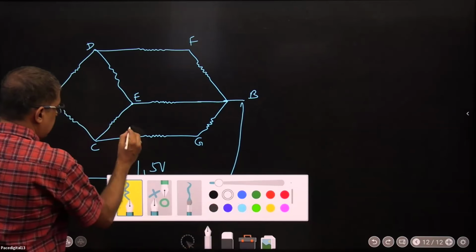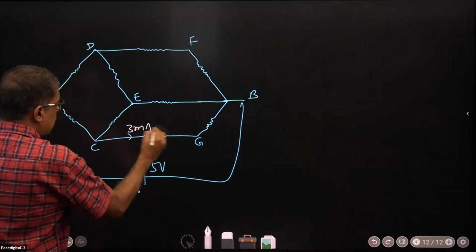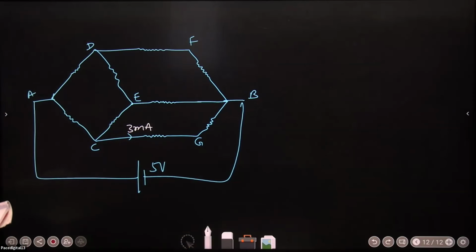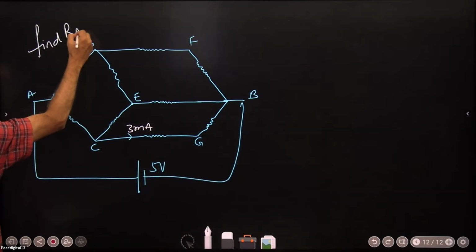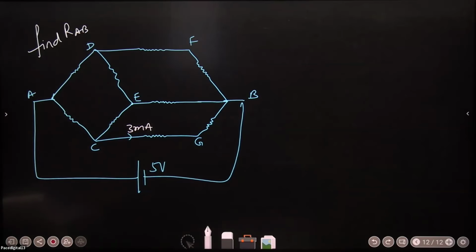The current here is 3 milliamperes. Find RAB.